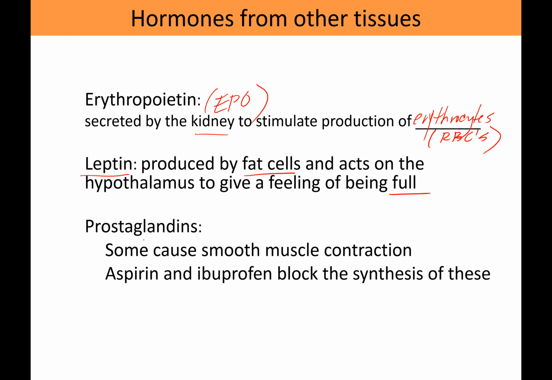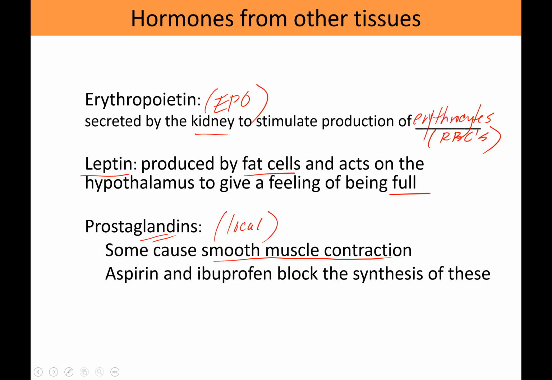I mentioned prostaglandins. They have local effects. So I mentioned labor and menstrual cramps. Those are prostaglandins. So this ends the PowerPoint. You have a content frame that I provided in class that would be a great one to use.